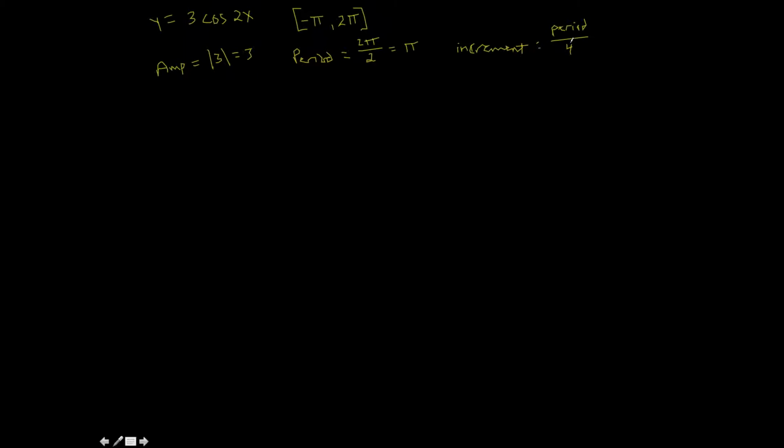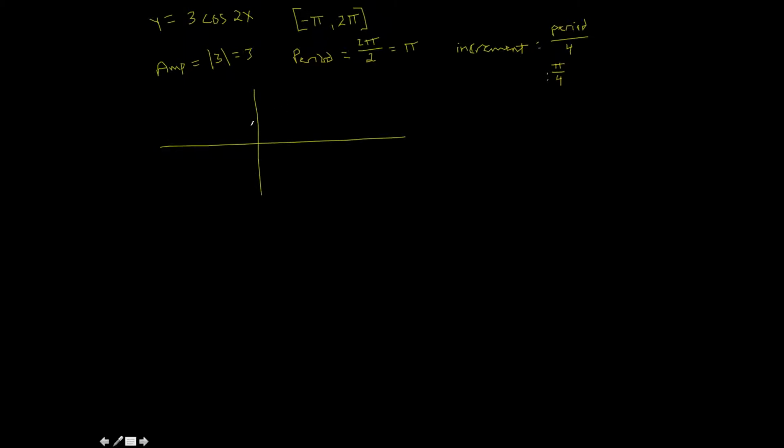So essentially what we're doing is we're taking our period and dividing it into 4 equal parts. The increment is what you're going to use to help scale your graph. So what is the increment for this? The increment is pi over 4. So that means our scale is going to go up by pi over 4s.